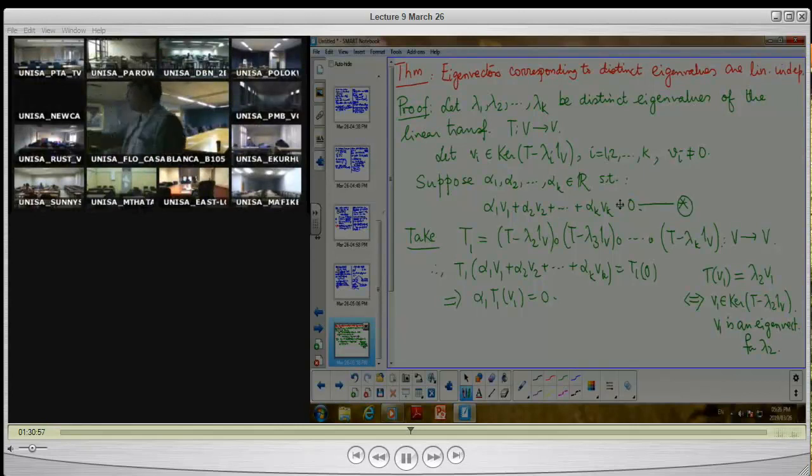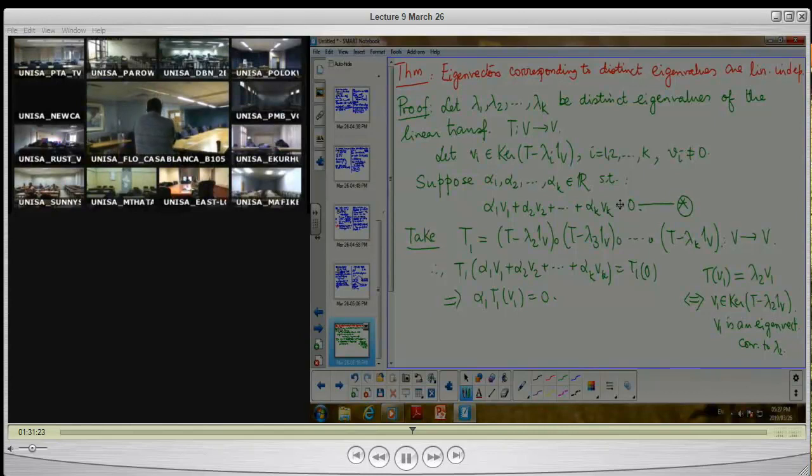But you told me V1 is the eigenvector for lambda 1, and lambda 1 and lambda 2 are distinct. So it cannot be that V1 is also in that eigenspace. The eigenspaces actually meet only at 0. You cannot have anything common.